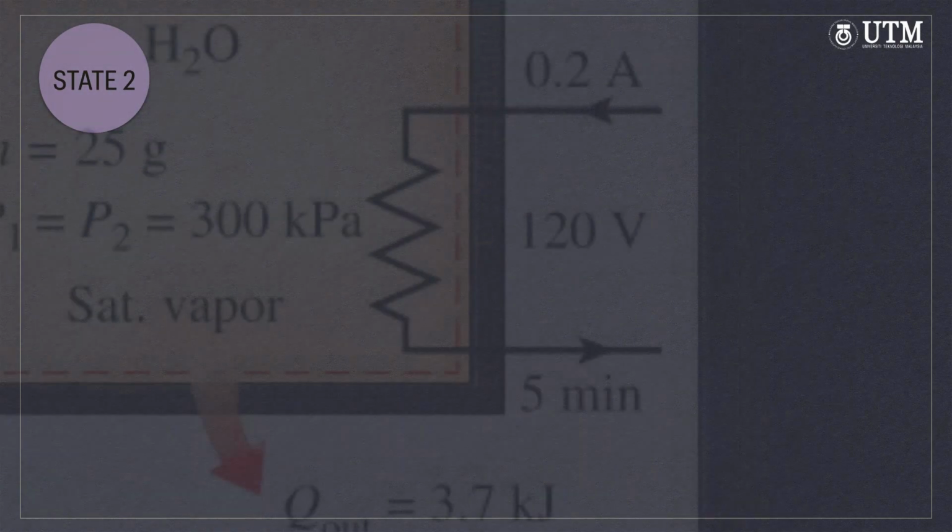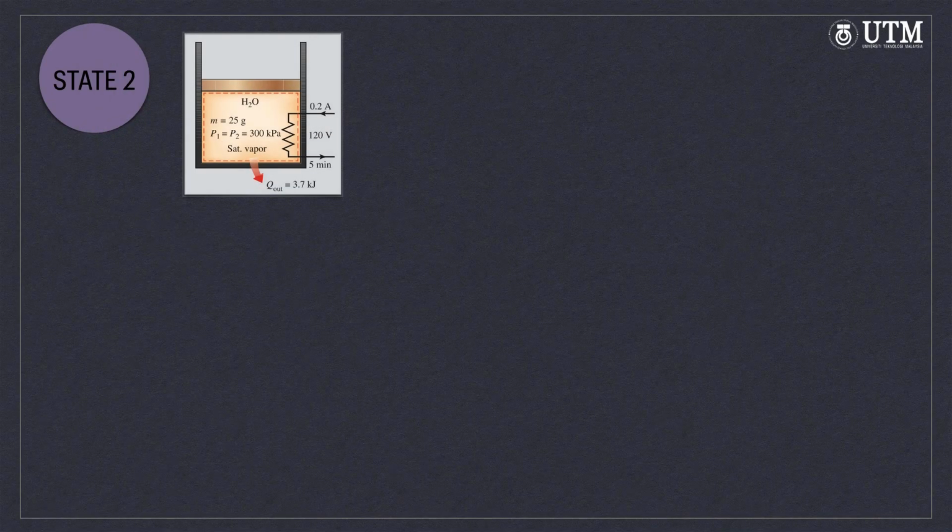Based on this example, we do not know another independent intensive property of the water for state 2. This can be determined by comparing a suitable property to the saturated liquid and saturated vapor values.